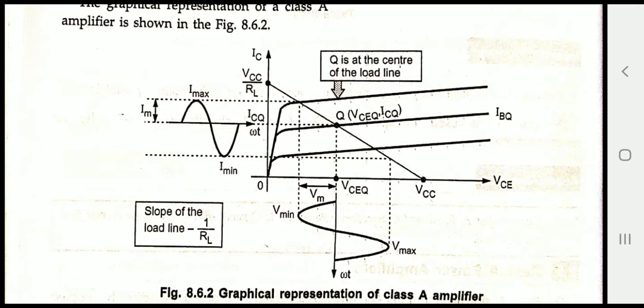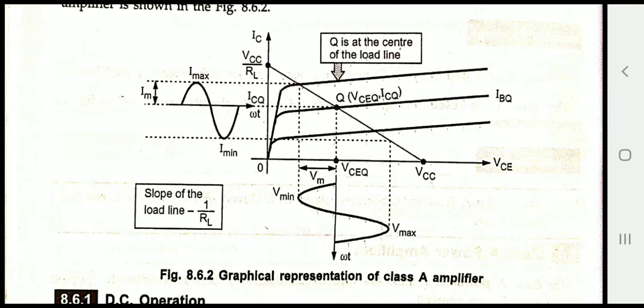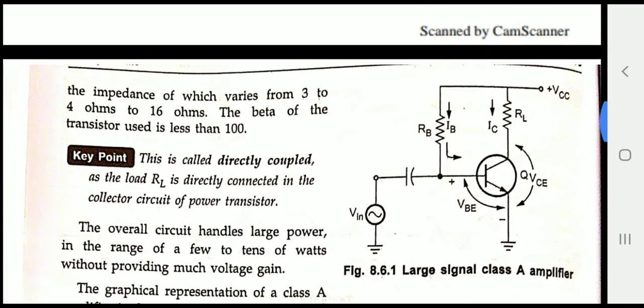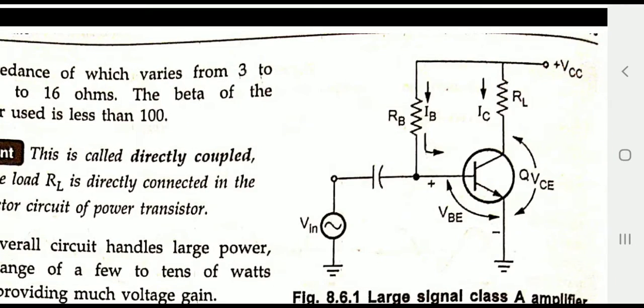Here VCC by RL is on the IC axis and VCC along the VCE axis. In the previous video, VCC by RC was on the IC axis. That RC is replaced by RL here because RL is directly connected at the collector terminal.